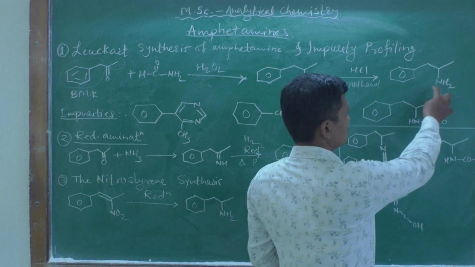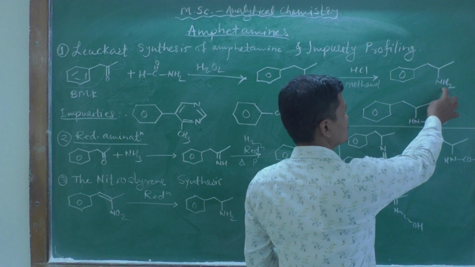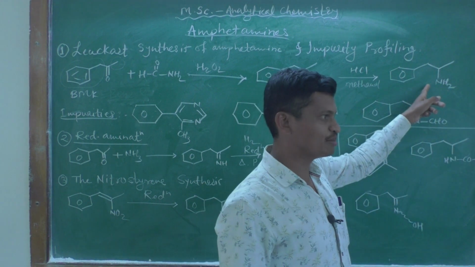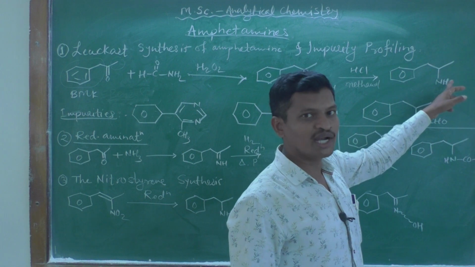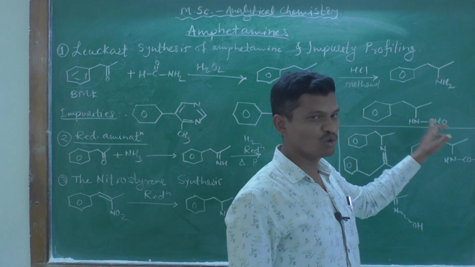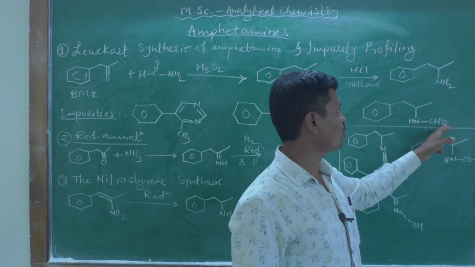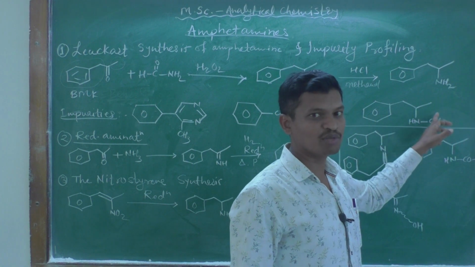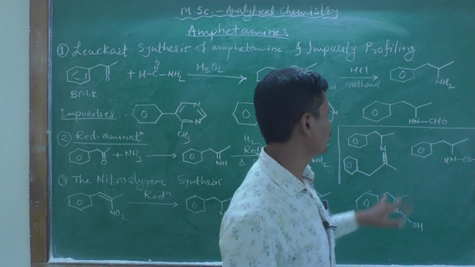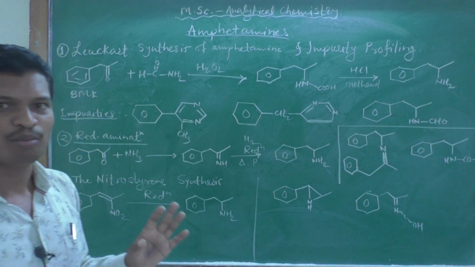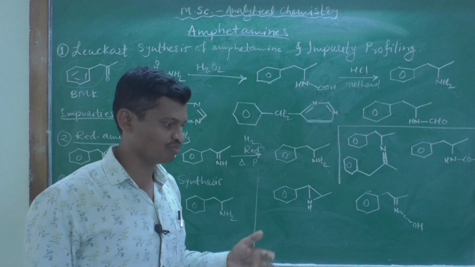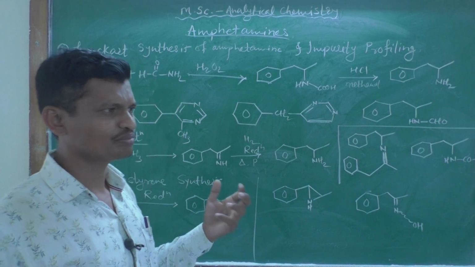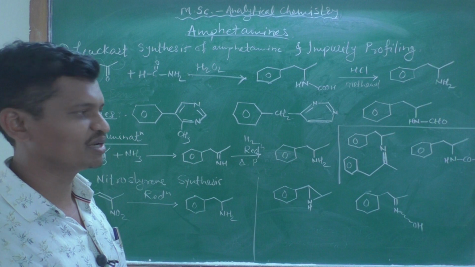If NH2 is there, we call it simple amphetamine, but here one hydrogen atom is replaced by the formyl group, so it is called N-formyl amphetamine. N-formyl amphetamine is the impurity. Okay, so these 3 to 4 main impurities are produced in the Leuckart synthesis of amphetamines.